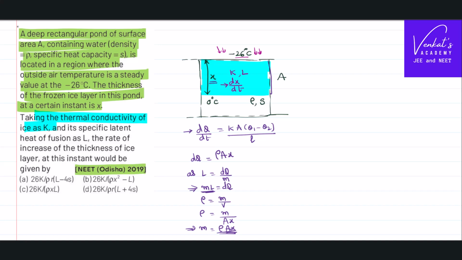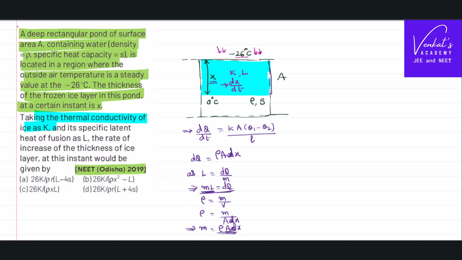Rather, as it is a small value, I will write density area into dx. That's dq. So dq equals mL as I told you.